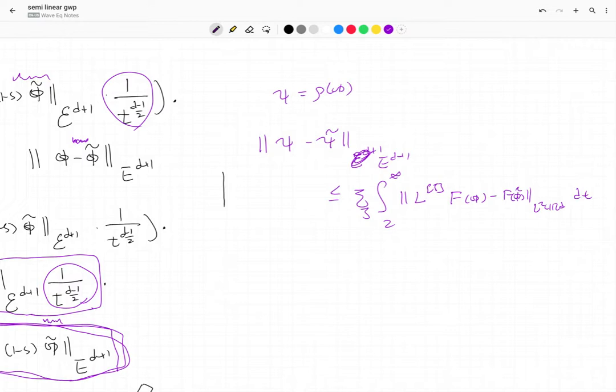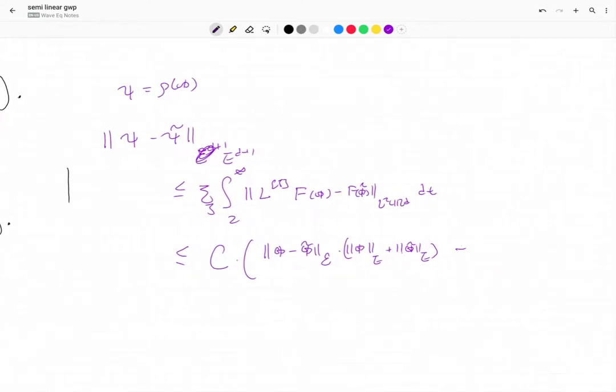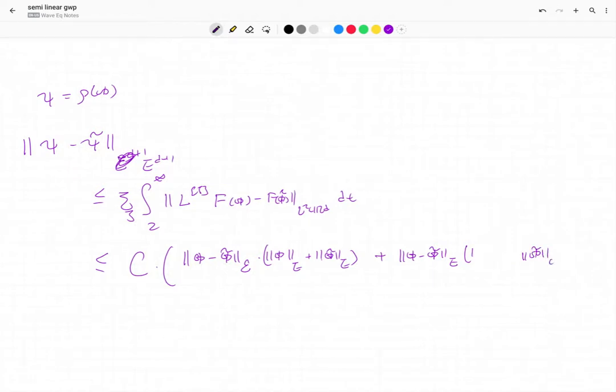And from what we had before, this is going to be bounded by some universal constant times v minus v tilde curly E norm times v rectangular E norm plus v tilde rectangular E norm, plus v minus v tilde rectangular E norm times v curly E norm plus v tilde curly E norm.